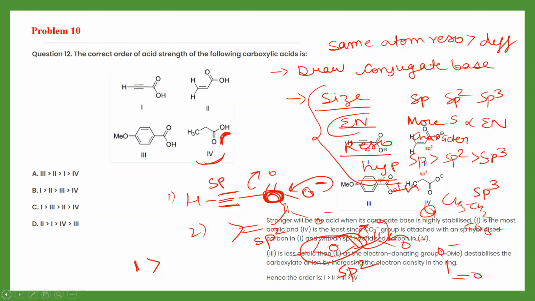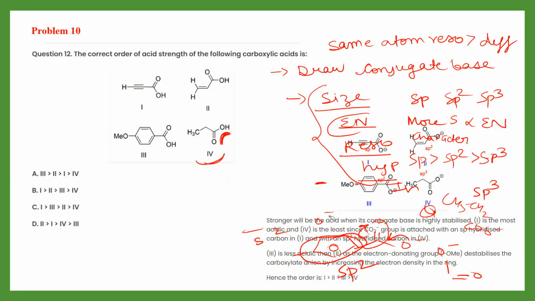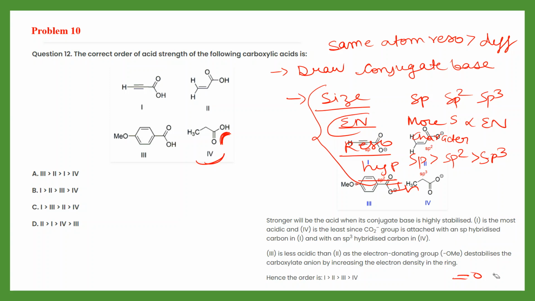Let me erase. So this is your answer. You can see, it is saying the stronger the acid, the more highly stabilized its conjugate base is, right?